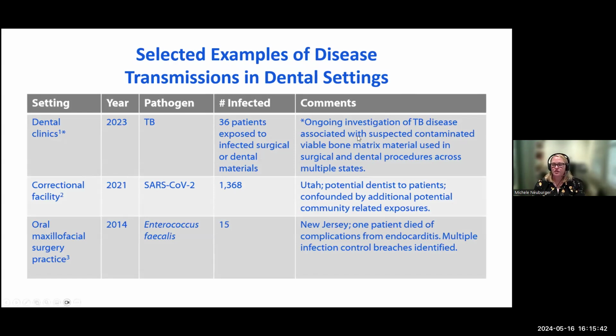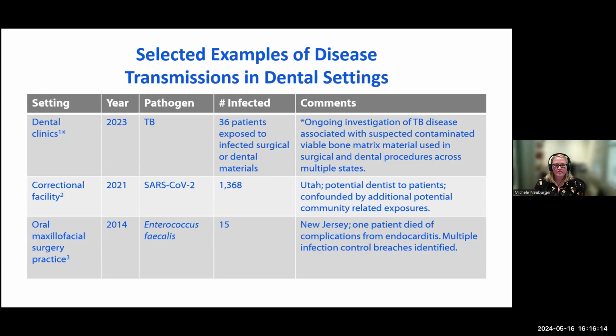And unfortunately, this occurred across 7 states. This was a large outbreak where a donor had been infected with tuberculosis, and then they used the bone in the allograft procedure, and subsequently patients got infected. And this was an effort between CDC, the Food and Drug Administration, and many state and health departments to follow up on something like this. And this was a novel thing that we had never seen in a dental clinic before.